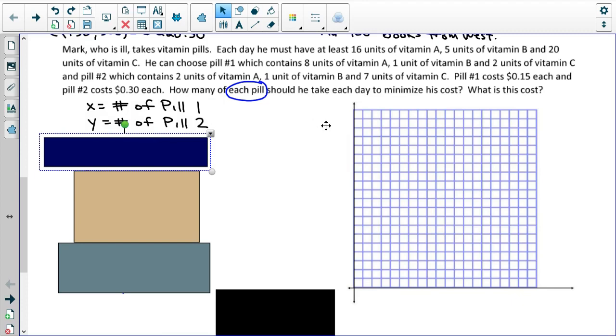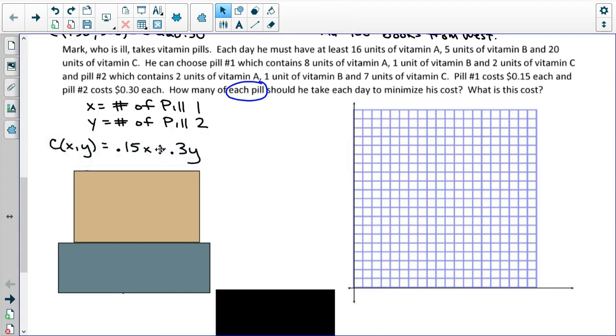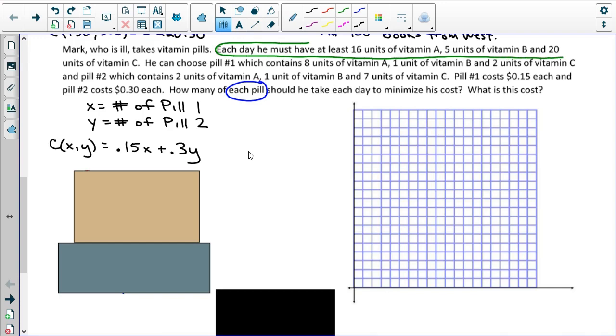Then our objective function is going to be minimizing cost. So since we're minimizing cost, we're going to take the 15 cents for pill 1 and the 30 cents for pill 2 and take that into account for the cost. Now, the constraints. We are given information about how much he must have each day in terms of the vitamin units, so A, B, and C. So those are going to be our constraints.